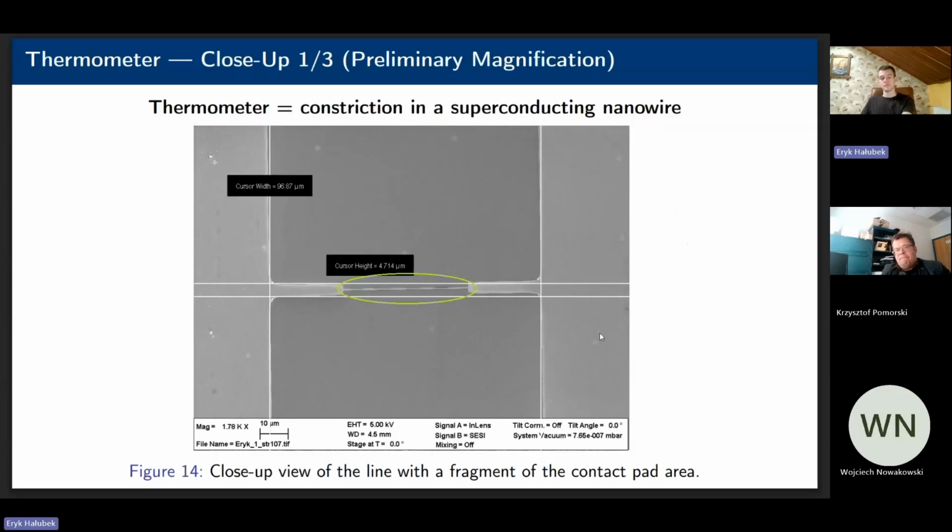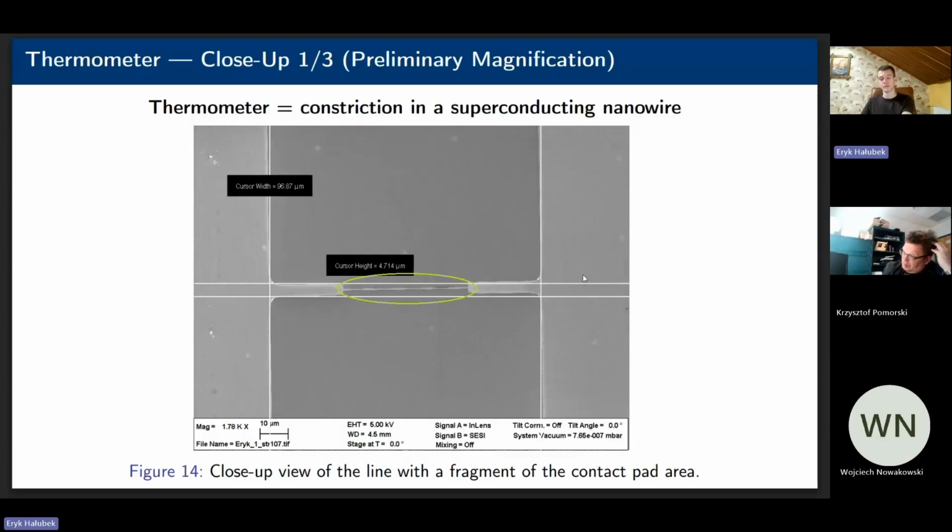And here's a close-up view of the structure that I made. This is the titanium that was evaporated. And here's an image taken under the scanning electron microscope. The piece of metal on the left side is one contact pad.